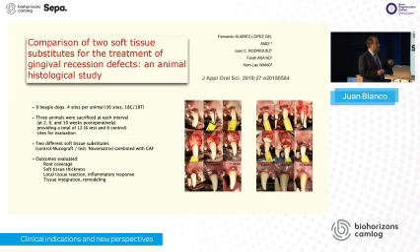They studied these matrices to try to do root coverage with the coronally advanced flap plus one or the other biomaterial, these acellular dermal matrices. And you can see that there are some outcomes that were analyzed: clinical outcome, histological outcomes, inflammatory response, and local tissue reaction.